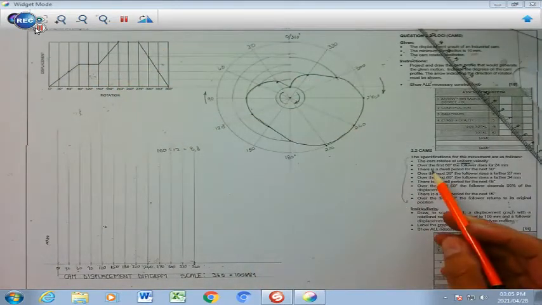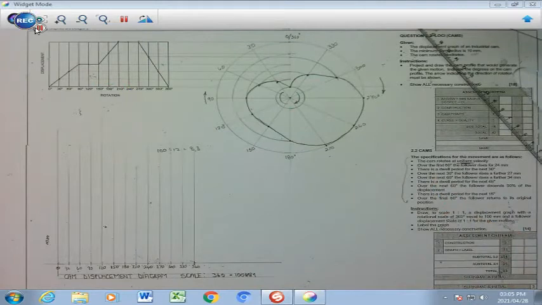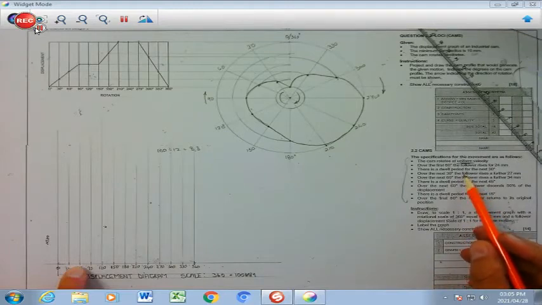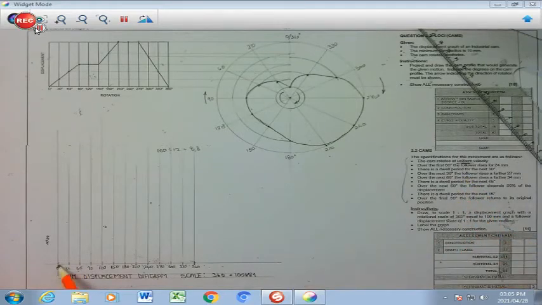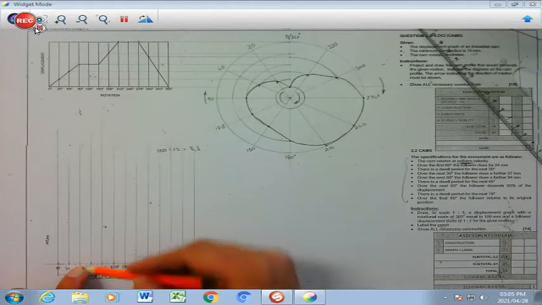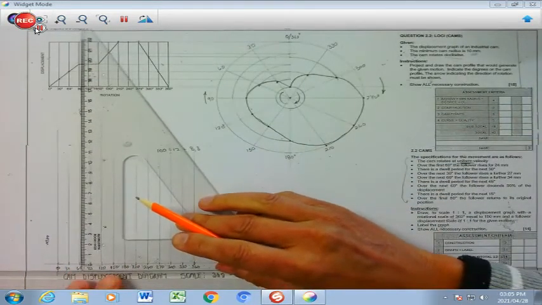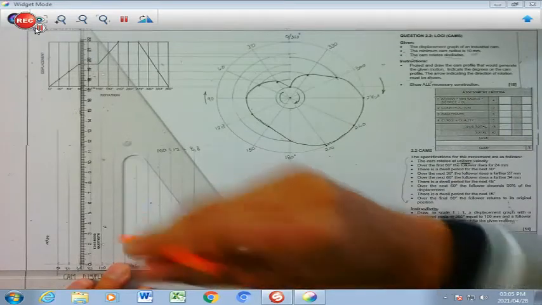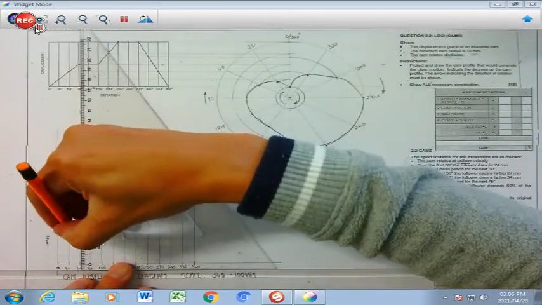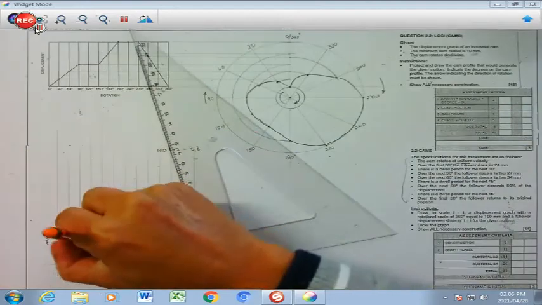The second bullet says over the first 60 degrees, and you will see that 30, 60, the follower rises by 24. So over the first 60, you count 30, 60. It's on this line over here. It rises to 24 millimeters. So I'm going to take my T-square and set square and just cut off 24 and dot that point there.